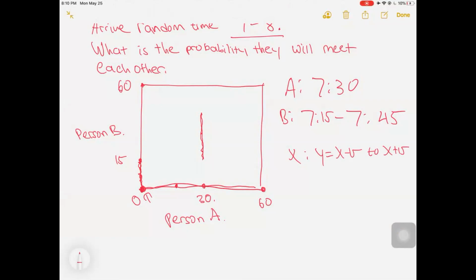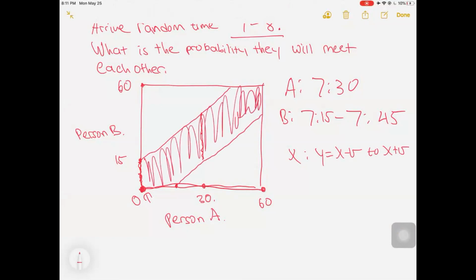And basically, when we graph this, we're going to notice that it becomes this kind of strip right here.